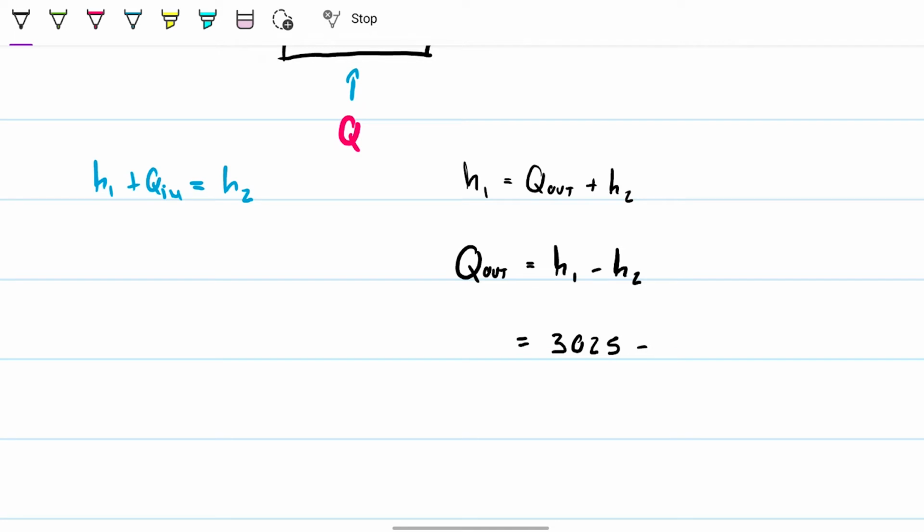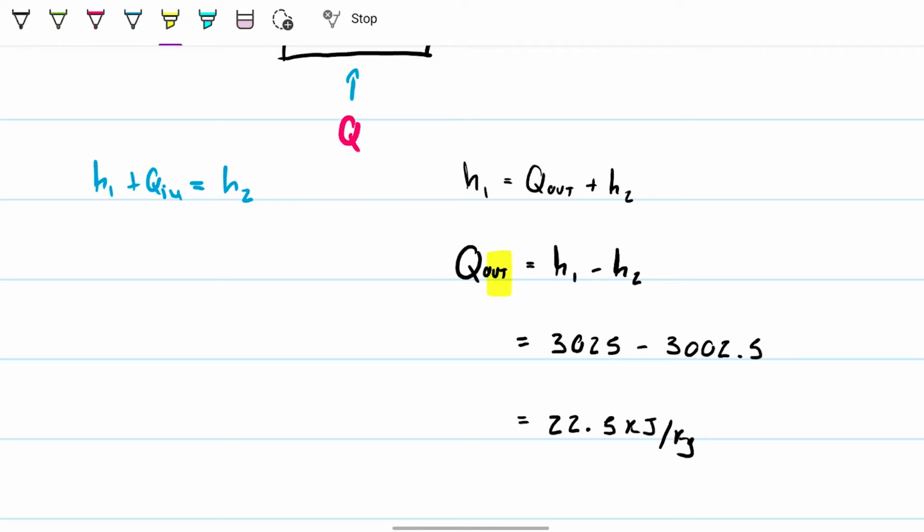And H2 is 3002.5. So this is going to be a positive number. In fact, that number is 22.5 kilojoules per kilogram. So indeed, this is the right assumption.